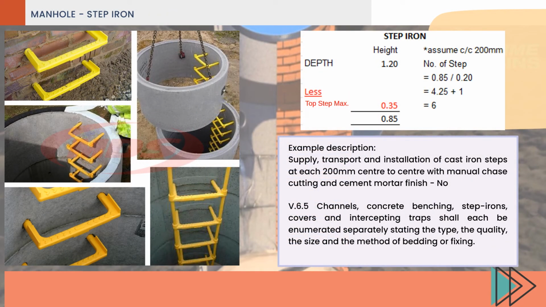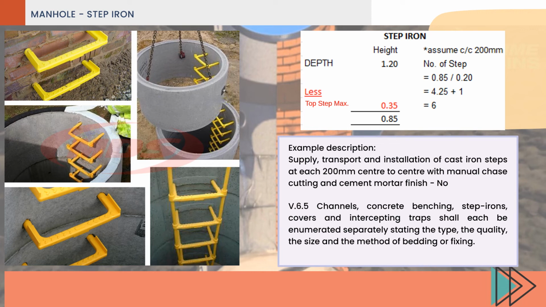Next item is step iron. How to calculate step iron? First, we need to find the depth and divide by center to center and plus 1, so we will get the number of step iron. Example description: supply, transport and installation of cast iron steps at each 200 mm center to center with manual chase cutting and cement mortar finish in number.